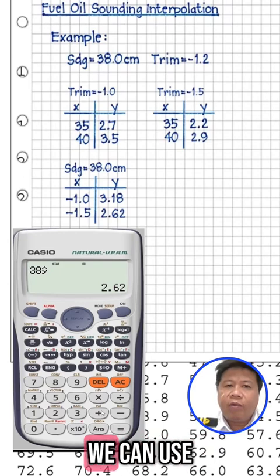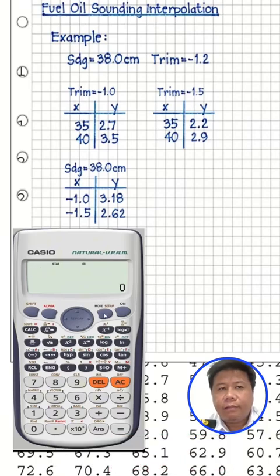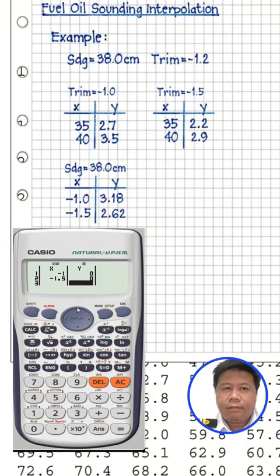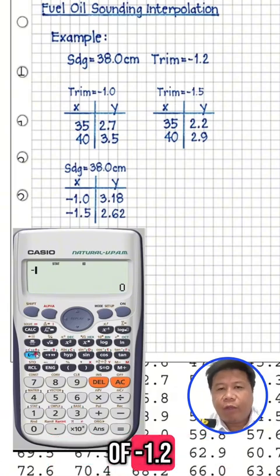With this data, we can use the same process in the calculator. Finally, we can key in the actual trim value of negative 1.2.